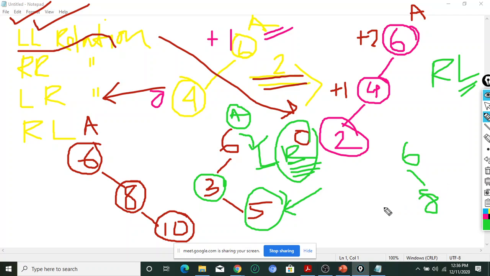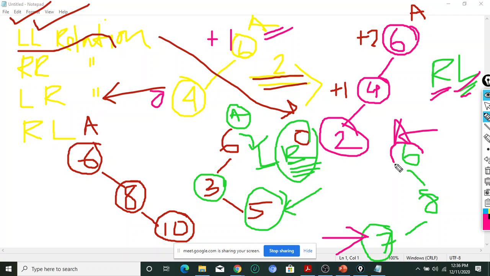For example, if I insert 7 here, inserted node in the left. So the node inserted is 7, to the right subtree of A. This is node A if I am considering this one.